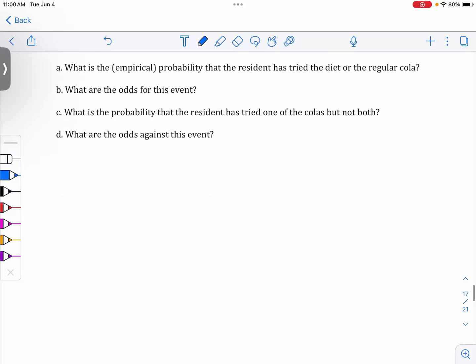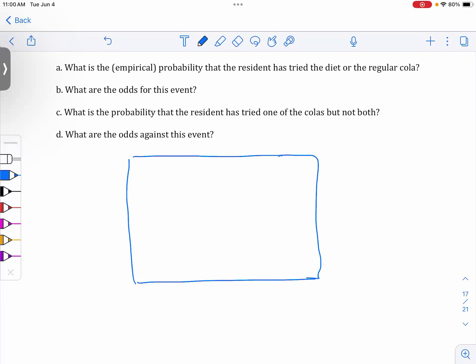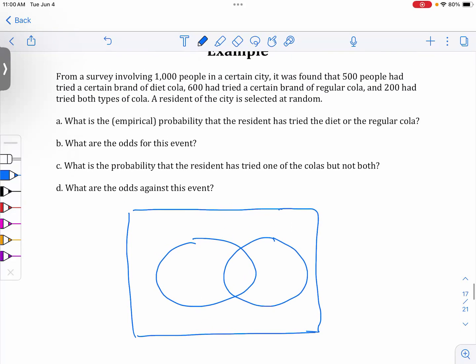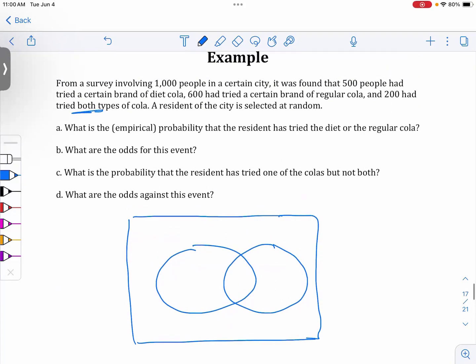Just like everything, start with a picture. And just like before, I'm going to write both pictures. I know this is overlapping because it said both. When it says both, then I know I have an overlapping probability.